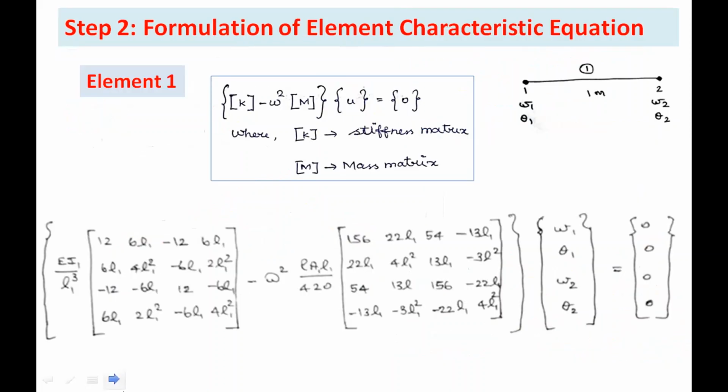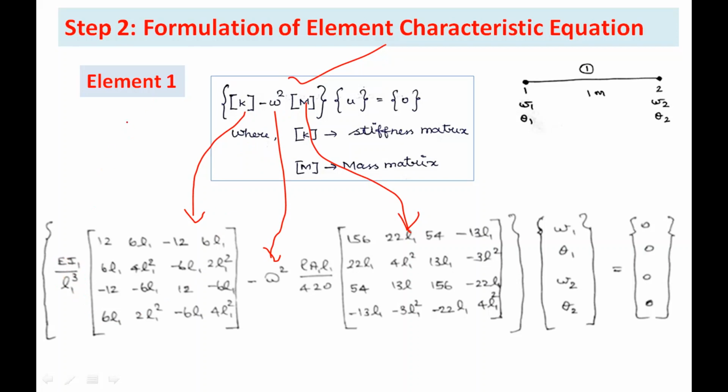First we have to establish the element characteristic equation for each element. This is the general format of the element characteristic equation we have discussed. So we have to write the K stiffness matrix and M mass matrix. Here we are considering this omega square. So K is a 4 by 4 matrix, E I1 by L1 cube.